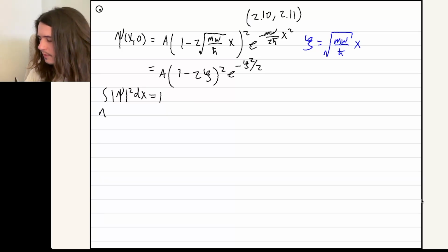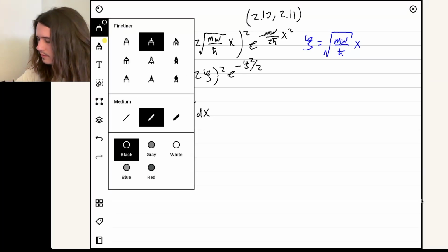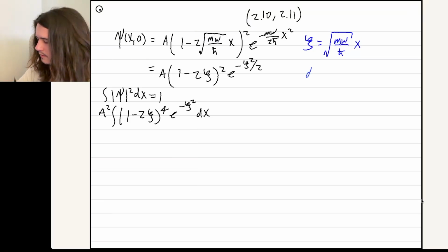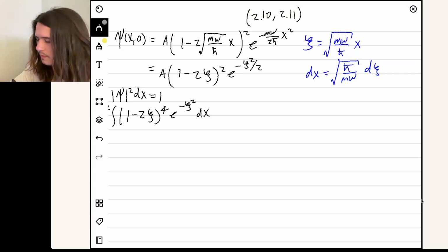So to normalize it, we have to integrate the square modulus of this and set it equal to 1. So we have capital A squared integral of (1 minus 2ξ squared) all to the fourth, e to the minus ξ squared, and that's a really gross looking dx, and so we need to use this definition of ξ, which we just did, to get the dx differential in terms of the dξ differential, so we can actually do the integral.